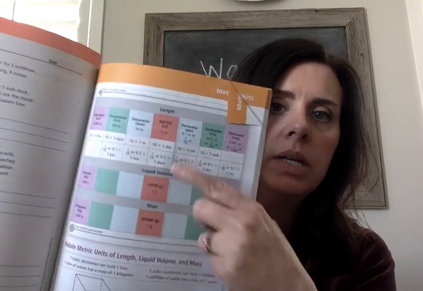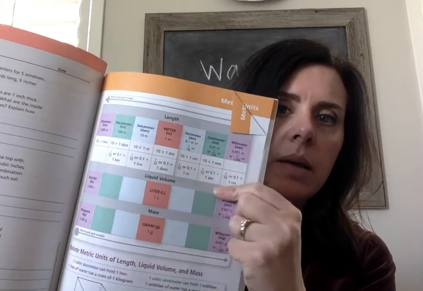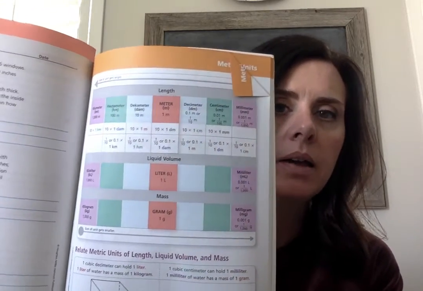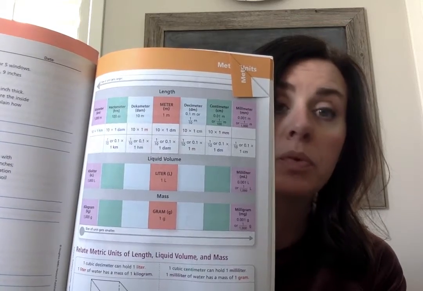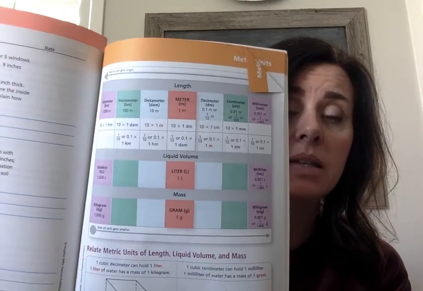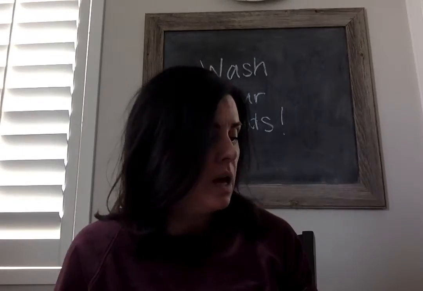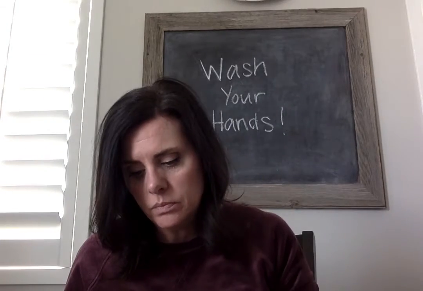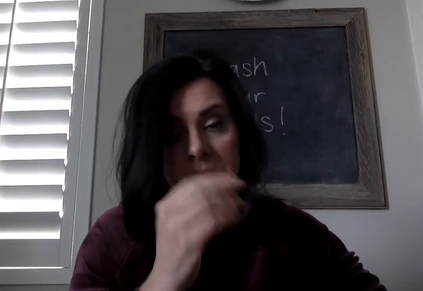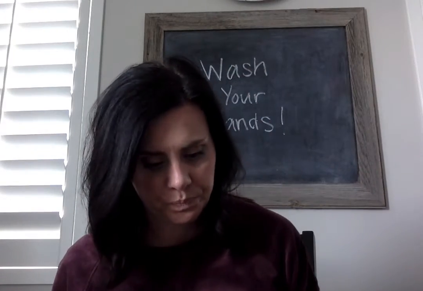So last time we did meters, and this time we're talking about liters. And you can tell that our prefixes are the same. They're going to mean the same thing. So keep this page handy as well because we'll be using that. All right, but we are on page 337.